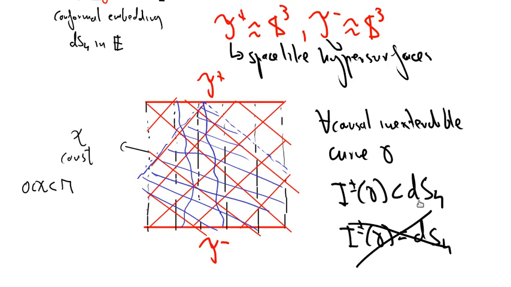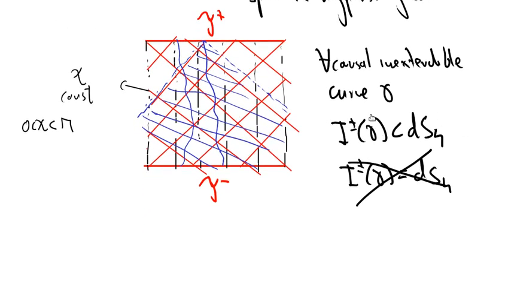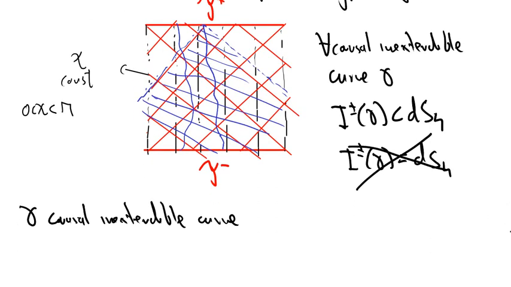So when this happens, we say that the curve gamma has a particle horizon, because the definition is as follows. We have the following definitions.